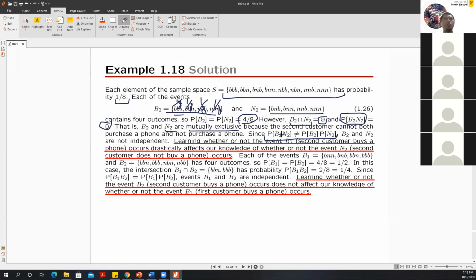So it is not equal, right? That's why this is not equal. It means that B2 and N2 are not independent. Okay.